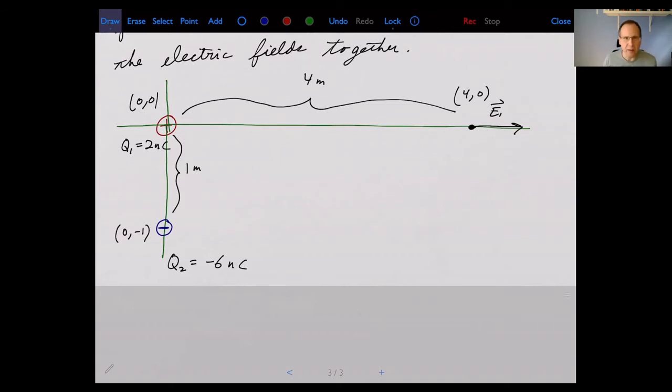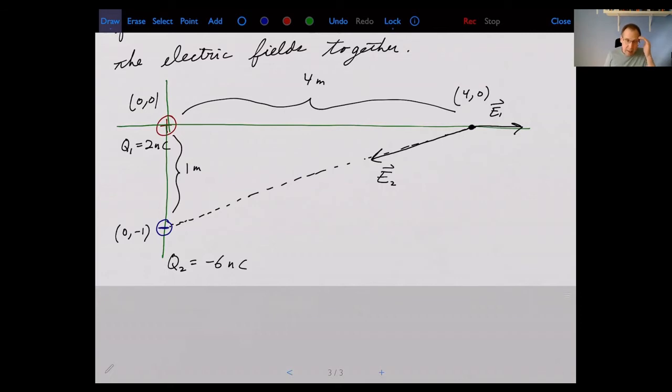And then the electric field due to Q2, which is that negative charge, first of all, it'll act along this radial line. And it'll be inward, right? And -6 is a little stronger, so it'll probably be a little bit longer. Let's say it looks something like this. So this would be E2.